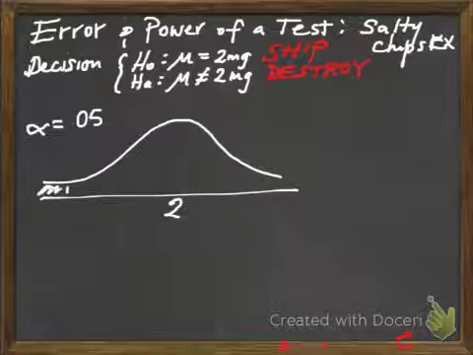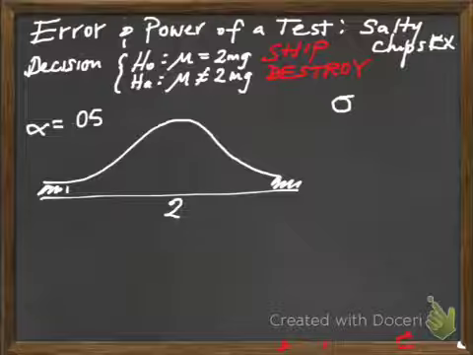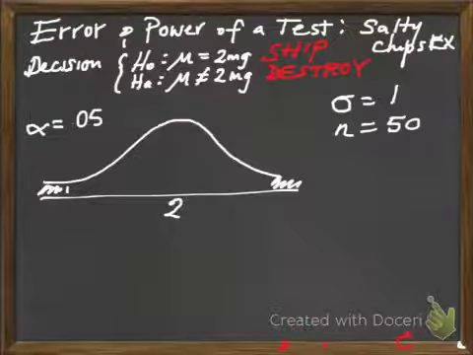We've got a little tail over here, that's 2.5%, and a little tail over here. We know this is a z-score. Why are we back to z-scores? I thought real tests use t-tests. Well, we have been told that sigma is 1. By the way, we've been told n is 50. We're going to sample 50 chips and test their saltiness. Might be a job I'd be interested in.